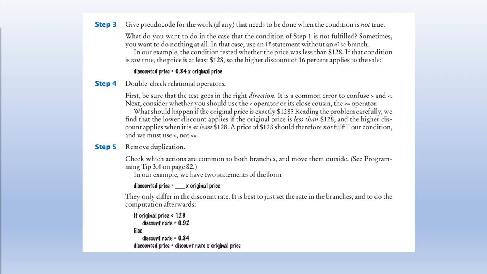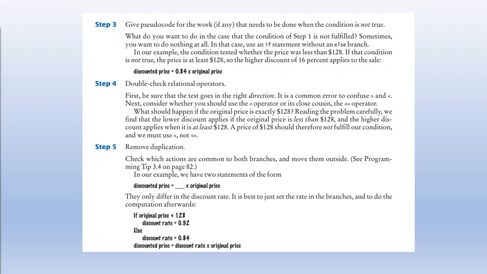In step 5, we will have to remove duplication. Notice that we have to set the discounted price for both conditions, whether it is greater than or less than or equal to $128. What we can do is set the rate to a specific value based on our if condition evaluating to true or evaluating to false, and set the discount rate in an else block as a result.